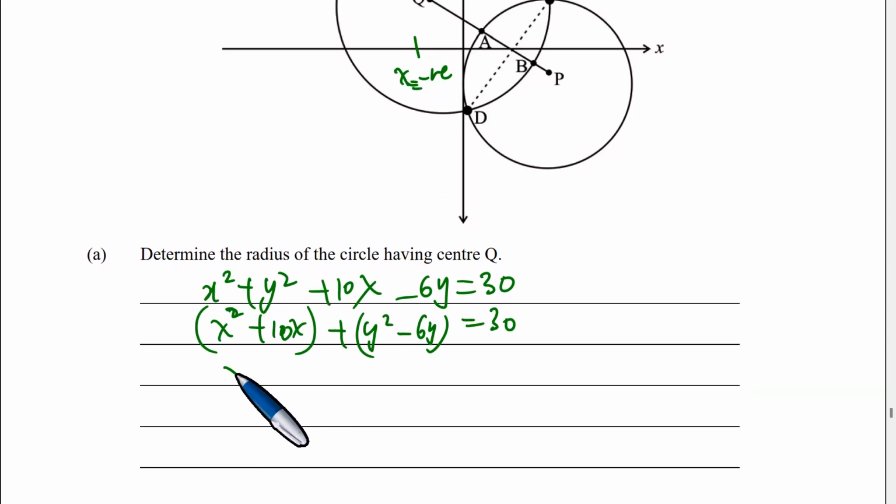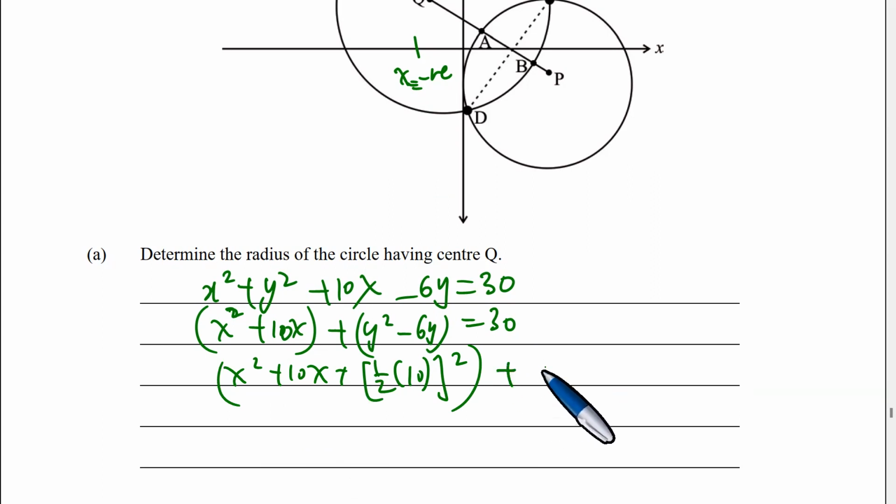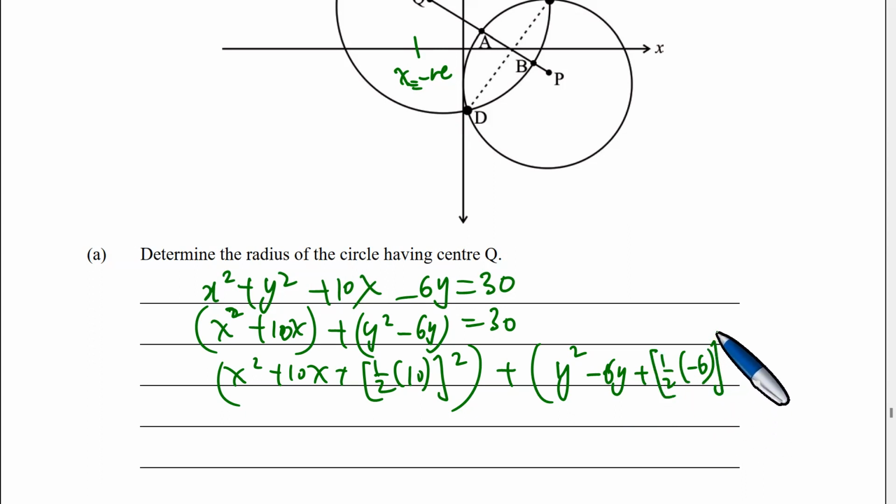We therefore have x squared plus 10x plus half the coefficient of x, then y squared minus 6y plus half the coefficient of y. This is called completing the square.